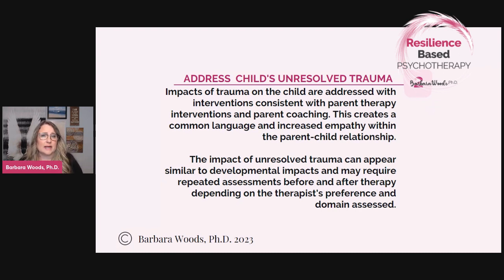So it creates that common language, and the parent will have more empathy because they'll understand that fight behavior is really a nervous system response rather than a bad kid or an aggressive child that has to be punished or controlled because their behavior is out of control. They have a lot more empathy for the child and what the child is experiencing.